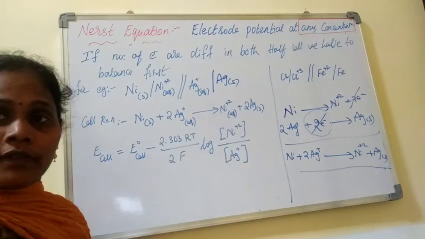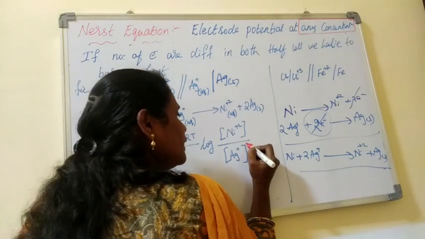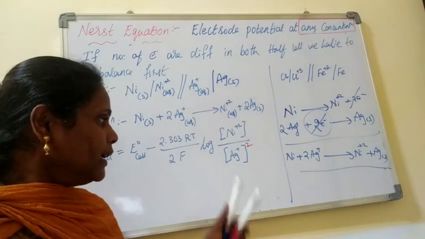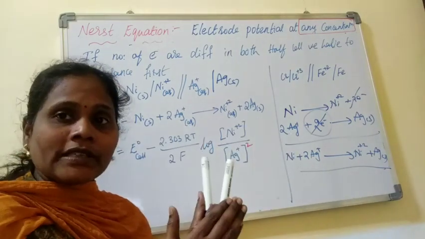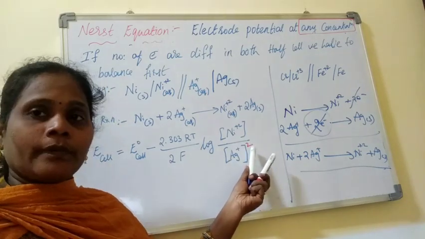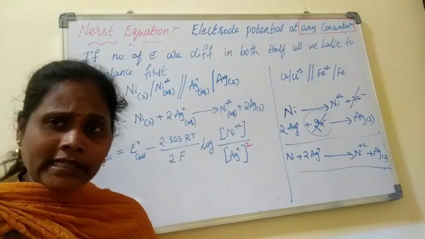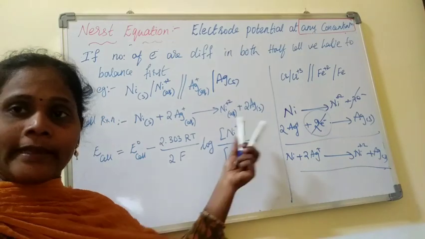This is not enough. This will go wrong. So we have to write the square of the concentration of the silver ions, because 2 moles of silver ions are accepting electrons. Therefore, we have to include the square. Please remember, for different electrochemical cells, the Nernst equation is not the same. The equation will change especially.